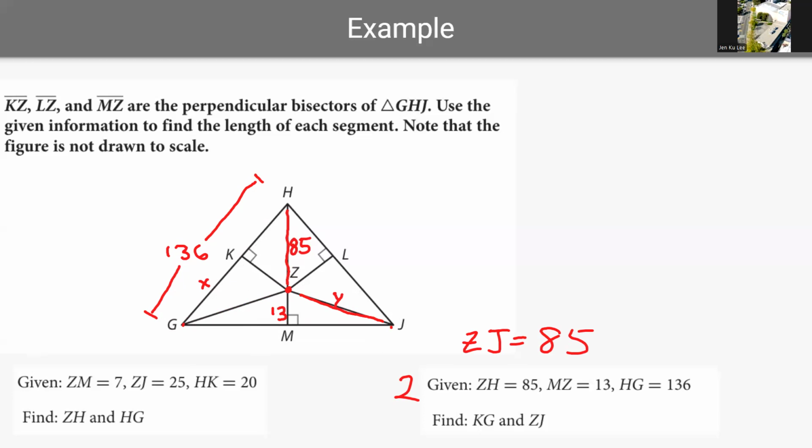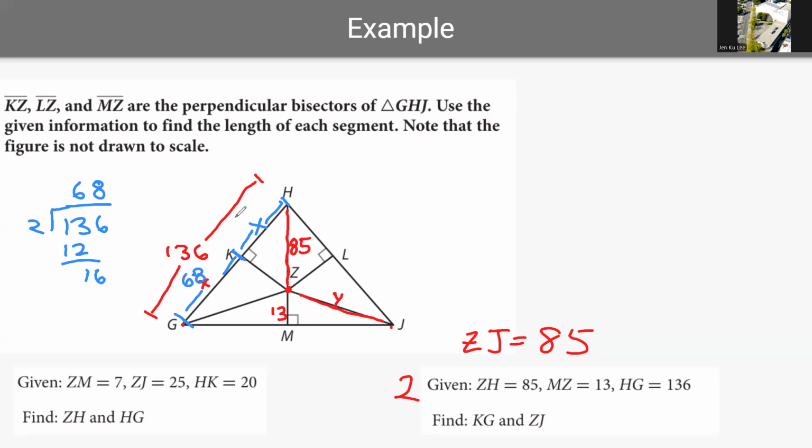Okay. And then we got to find KG, right? I know that this is equal to that, right? So I have 2x, right? So if I just divide 136 by 2, what is 136 divided by 2? That's 68.